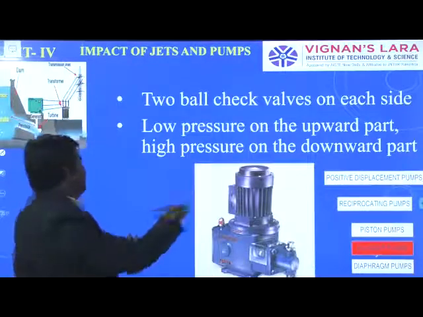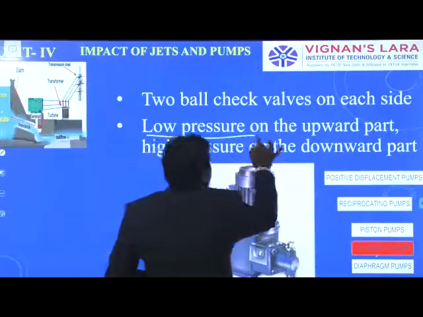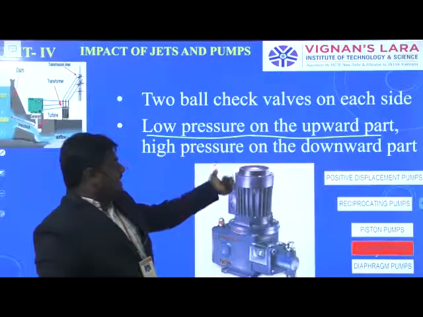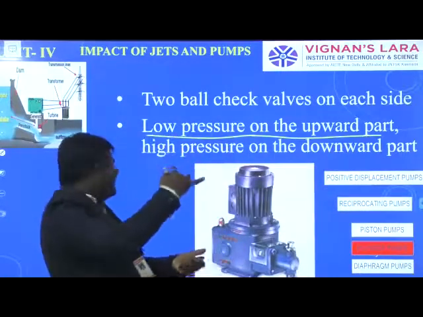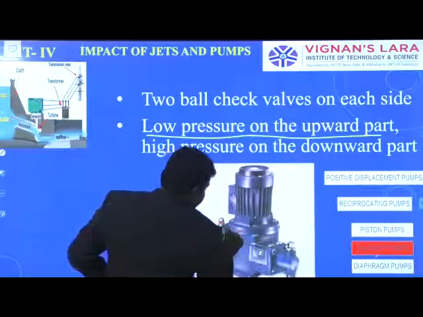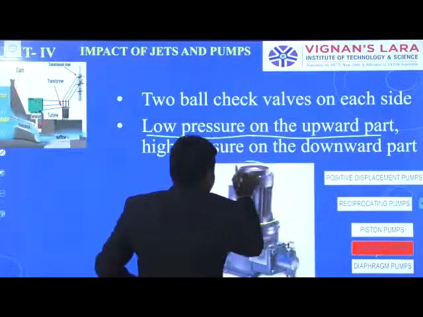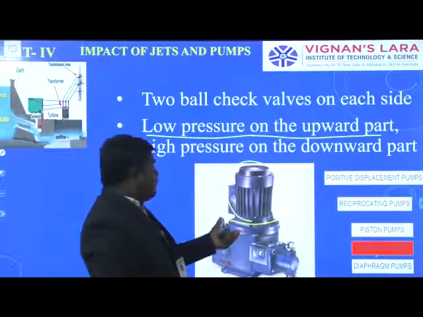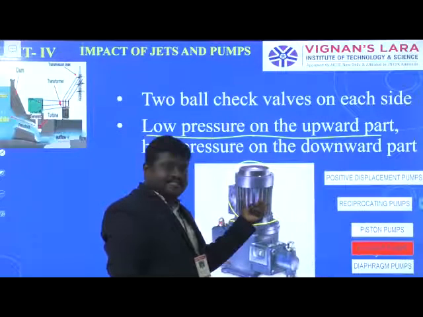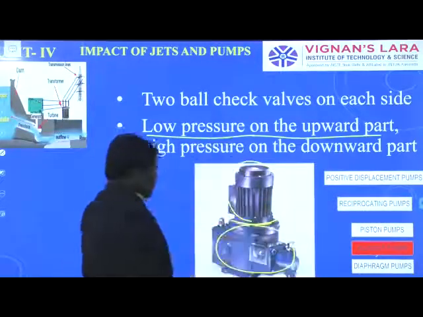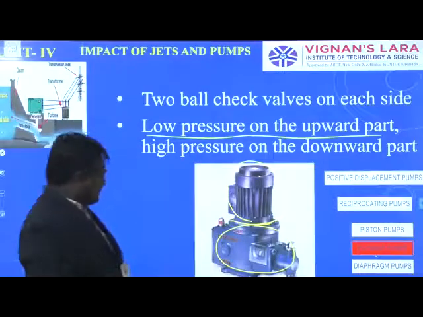So the upward part is low pressure and the downward part is high pressure. Okay, is it clear?